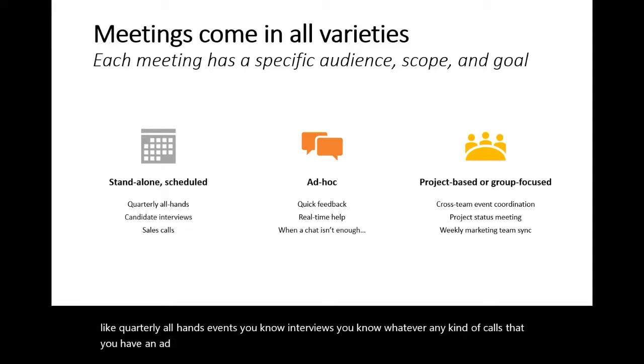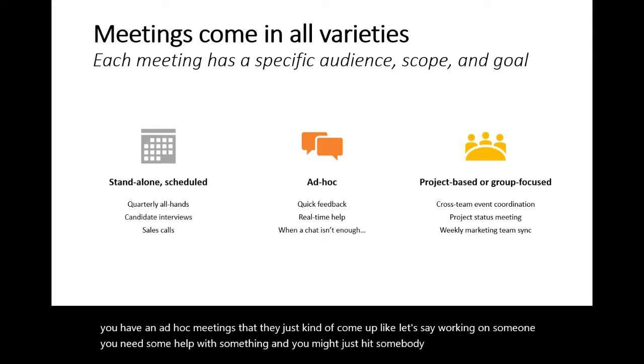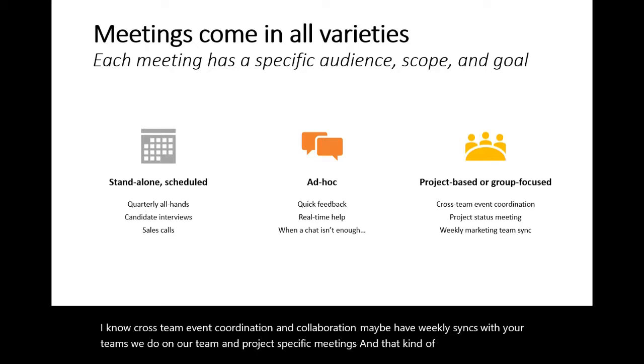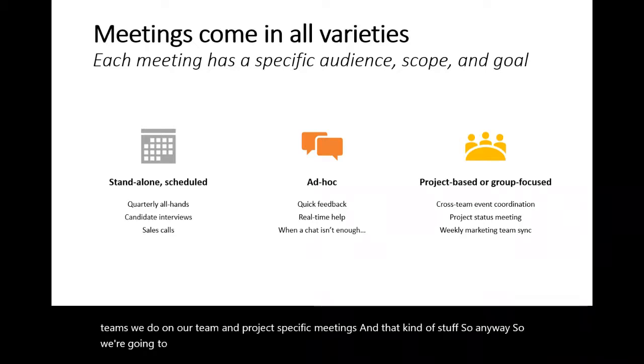Like, let's say you're working on something, you need some help, and you might just hit somebody up and have a quick chat, right? And then there's project-based or group-based meetings. Those are for cross-team event coordination and collaboration. Maybe you have weekly syncs with your teams like we do on our team, and project-specific meetings and that kind of stuff. So anyway, we're going to frame the conversation today around those three.